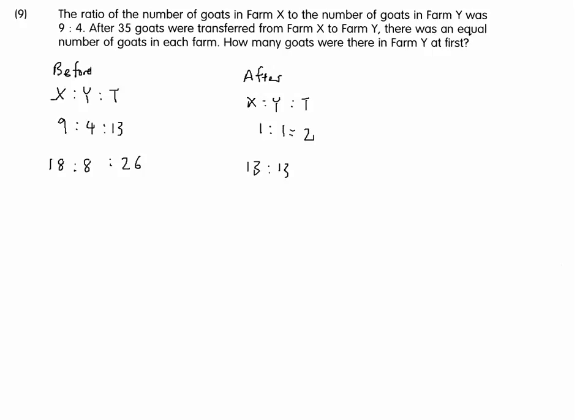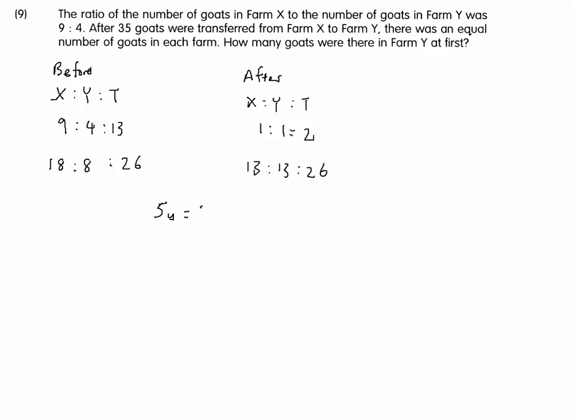So, how many goats were there in farm Y at first? We know that 35 goats were transferred from X to Y. Since there's a transfer from X to Y, the number of units for the goats in X decreases, right? So what is the decrease in the number of units for X? 5 units, right? And 5 units equals how much? 35.